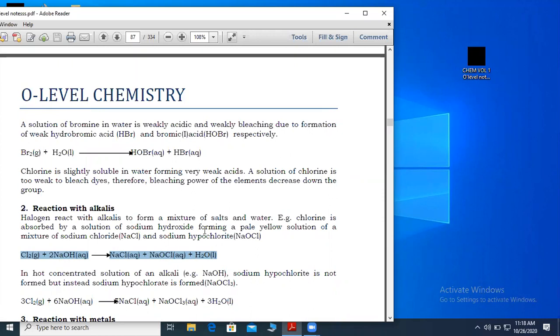So the observation, what your eyes will see, is a pale yellow solution. What is pale yellow is sodium hypochlorite. However, if concentrated sodium hydroxide is used when it is hot, the product now becomes sodium chlorate instead of sodium hypochlorite.